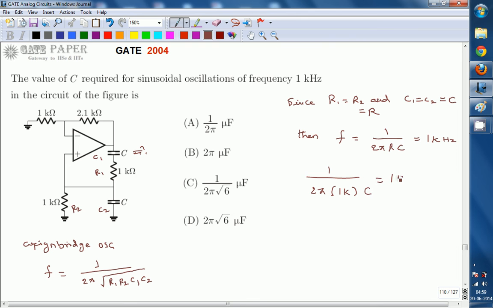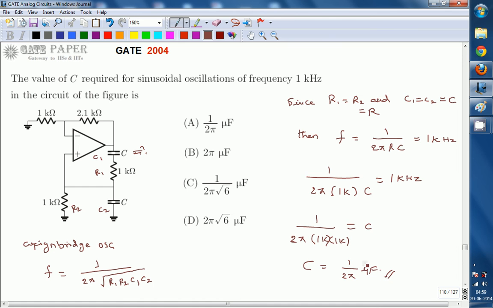So if you take C to that side, this 1 kilo is going to come over here, 1k into 1k, that will become 1 mega. If it goes to the numerator side, it will become micro. So from this we can say C is equal to 1 by 2 pi microfarad.